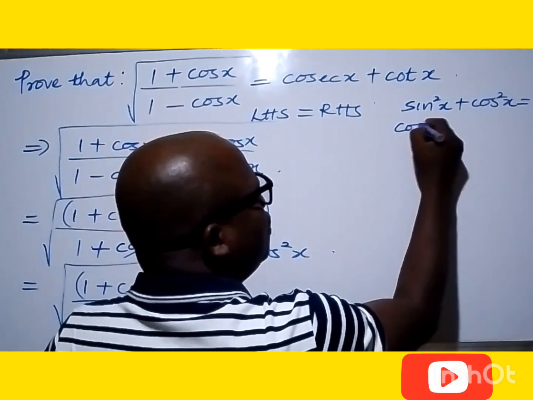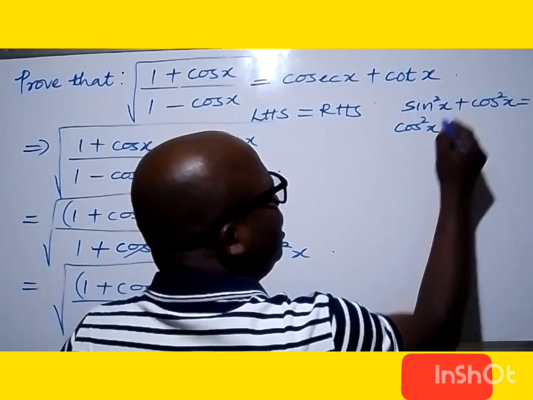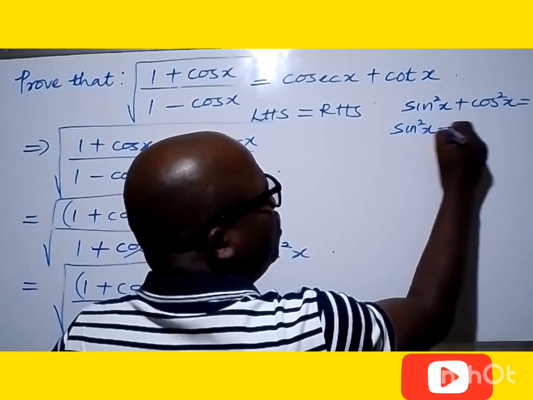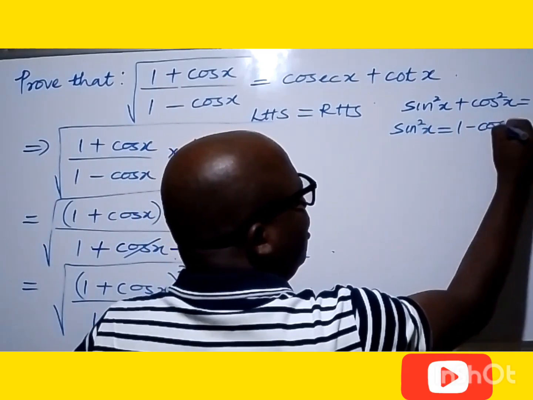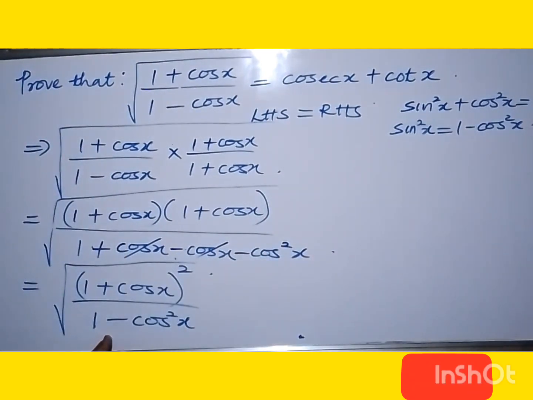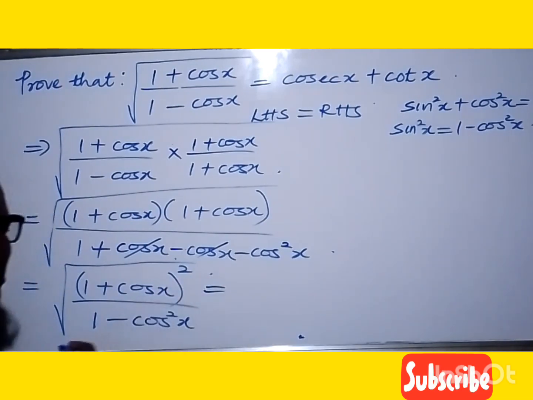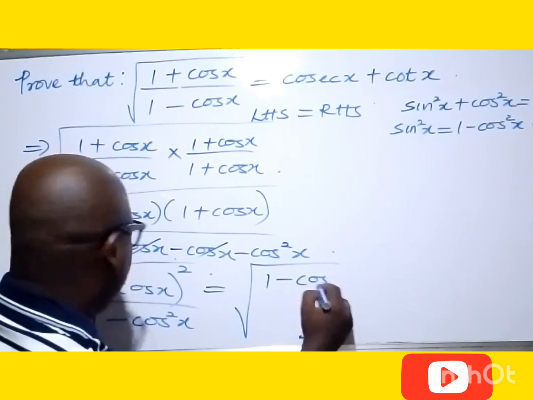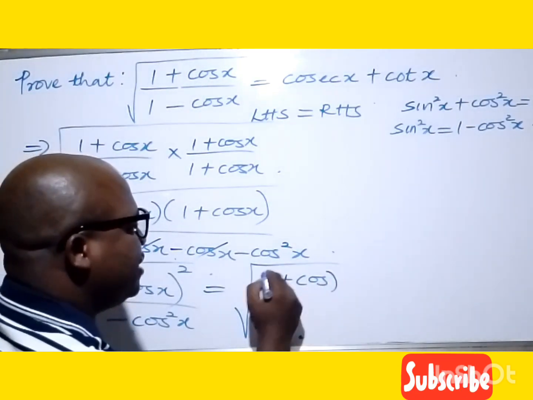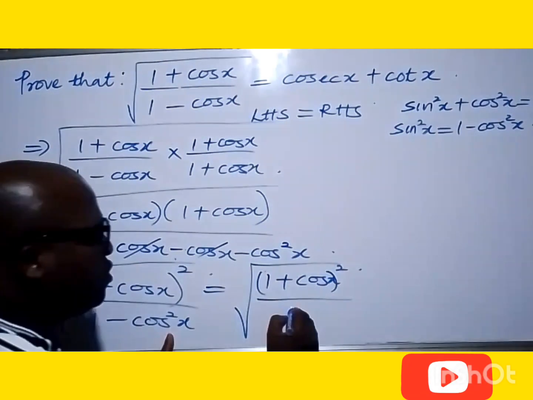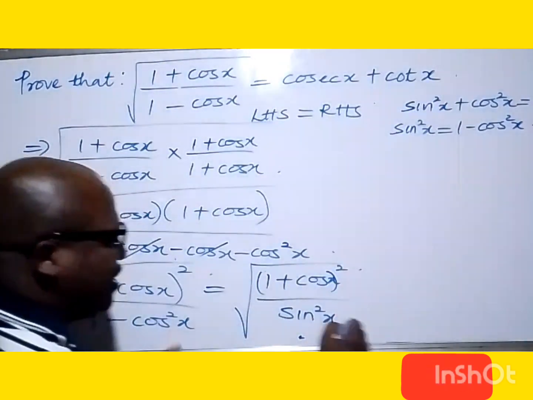That means our sine squared x will be equal to 1 minus cos squared x, and this is exactly what we have here. That means this 1 minus cos squared x now becomes sine squared x.